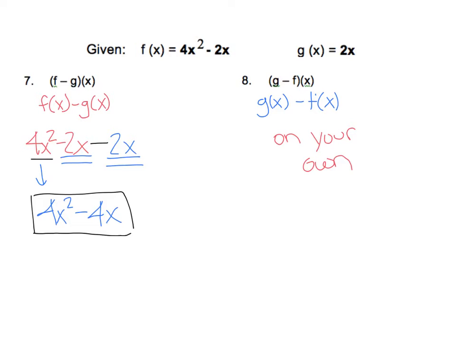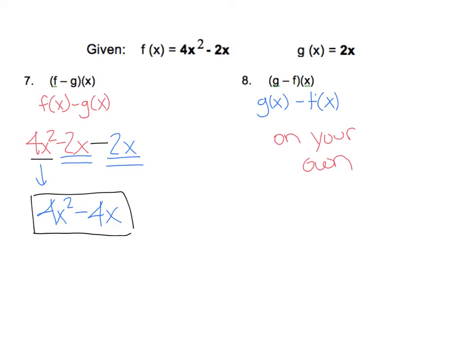Now the next problem, number 8, I want you to do on your own as well. Notice it's very similar to number 7, but as we all should know, in subtraction, order does matter. So you may get a different possible answer. I will also warn you that you will have to distribute a -1 because the f of x term goes second and it has 2 values.